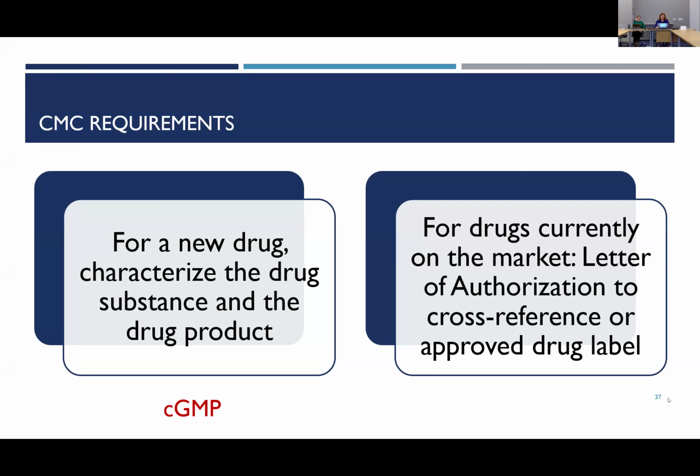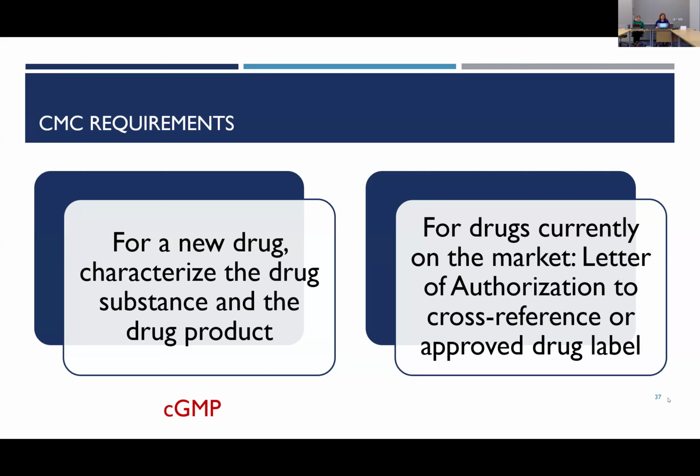So it gets into very specific details about the drug substance. That is the active pharmaceutical ingredient. So it's the raw materials that are used for manufacturing versus the drug product. And the drug product is the final drug formulation that will be used for distribution.